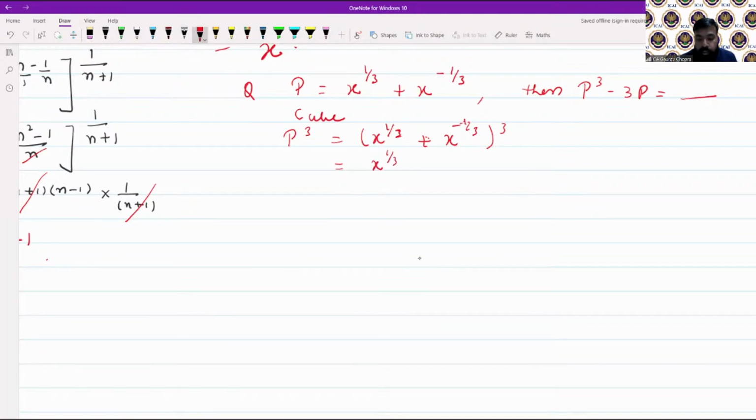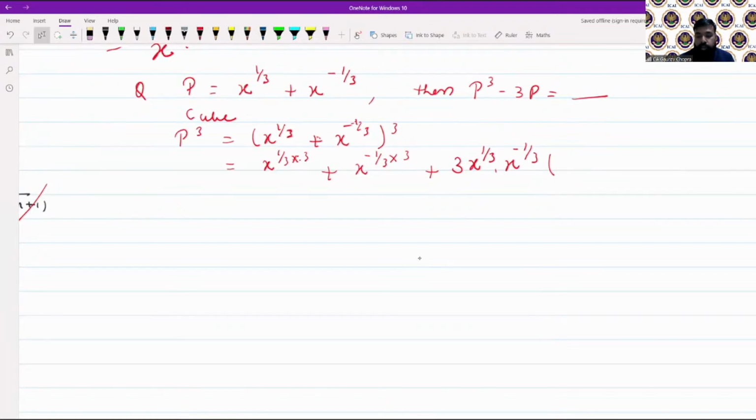So x to the power of 1/3 is a, this is b. This is the formula, so we have applied the formula: a cube plus b cube plus 3ab multiplied by (a plus b).